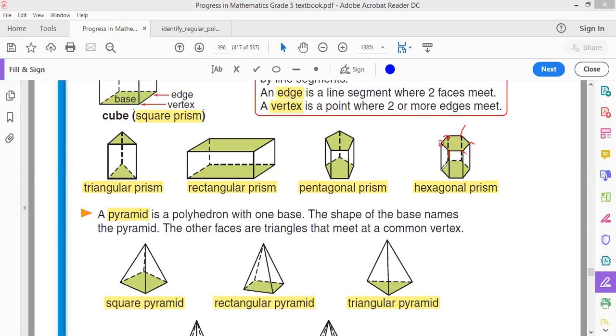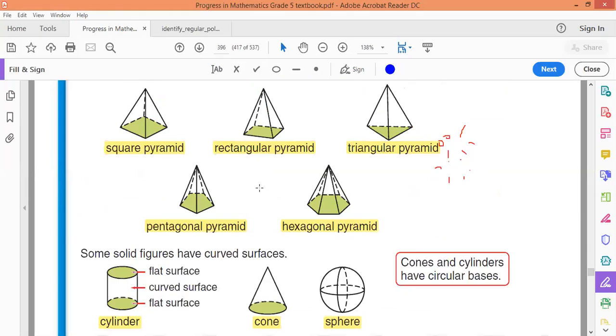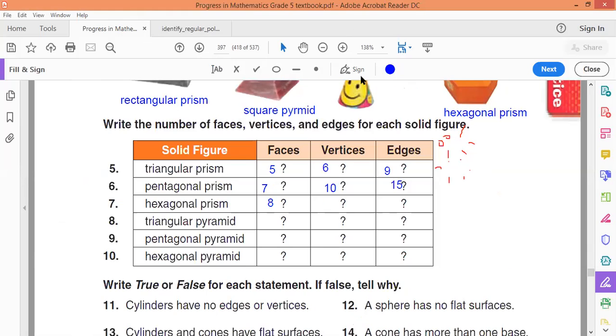Sorry, 6 up and 6 down because it's hexagonal. And 7, 8, 9, 10, 11, and 12. So vertices is 12.